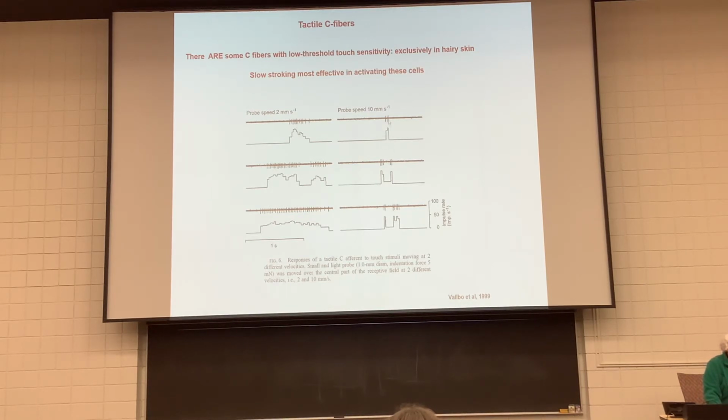If you increase the speed, again suggesting more vibration, we don't see them responding quite as well, although they'll have some response. That's still pretty slow. So slow stroking is most effective, and that would probably be the most pleasant.